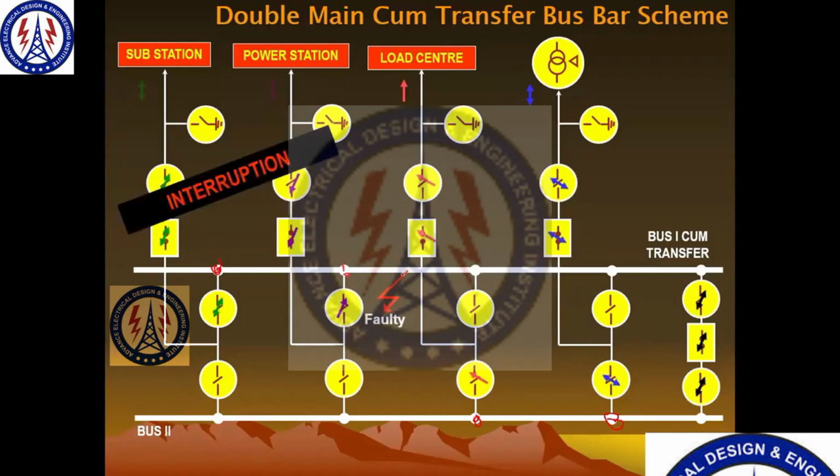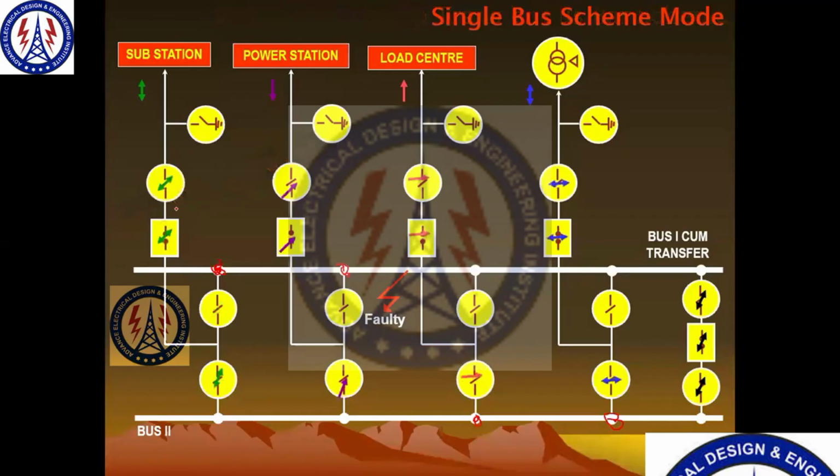So when you have a fault on this, the feeders that are connected to bus 1 will have the interruption. And the same way I told you in the previous bus bar scheme, you can transfer the bus. So we transfer the feeder to bus 2 by opening these isolators and closing these isolators and then closing the circuit breaker.